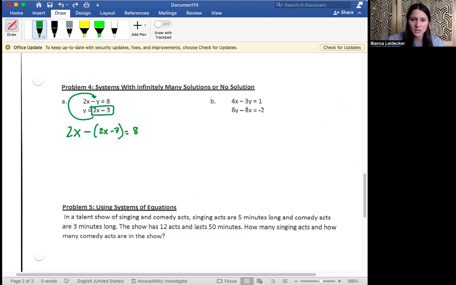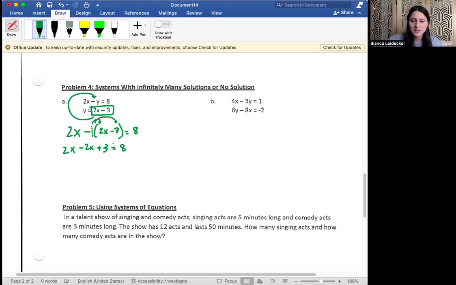We're not just subtracting 2x, but we're subtracting 2x and negative 3. So we have to put the whole thing in parentheses, which means I'm distributing a negative 1 times everything inside. So I have 2x minus 2x, and then negative 1 times negative 3 is positive 3. So it's 2x minus 2x plus 3 equals 8.